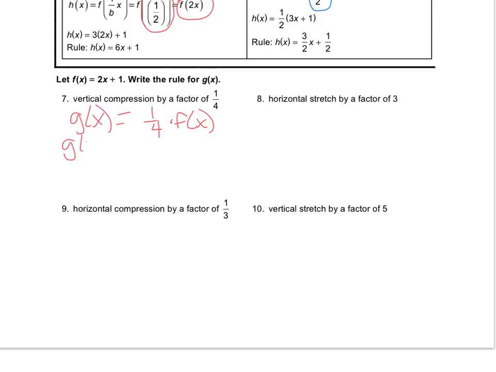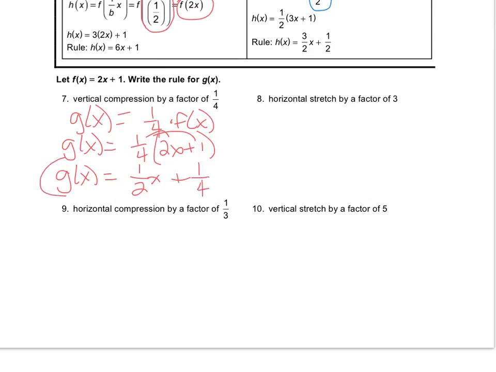So g of x is equal to 1/4, and my function is 2x plus 1. Now I can simply distribute. So my final function is g of x equals 1/4 times 2x is going to be 2/4, but that does reduce down to 1/2. And then 1/4 times 1 will be 1/4. Okay, that's my function after a vertical compression by 1/4.